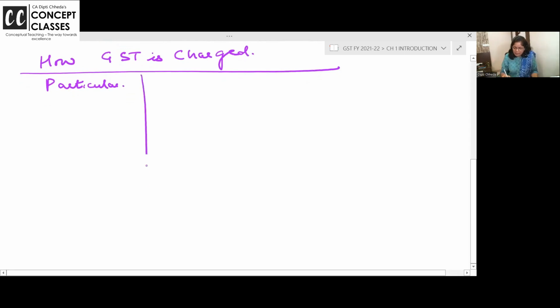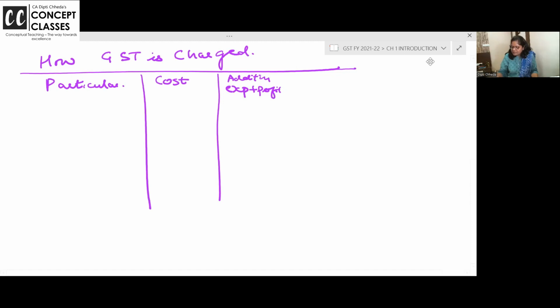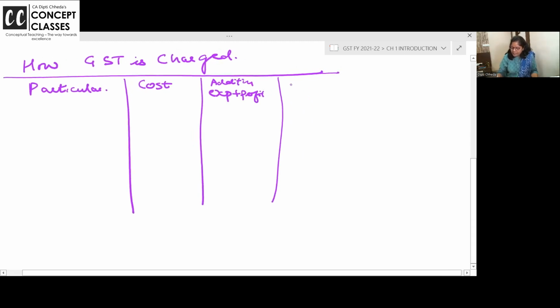But when I explain the concept, my figures are going to be 10 रुपए, 2 रुपए, ऐसे simple. ठीक है? Particulars, cost, addition. कॉस्ट में आप एडिशन करते हो ना, एक्सपेंसेस एंड प्रॉफिट. Just see how many columns I'm making.